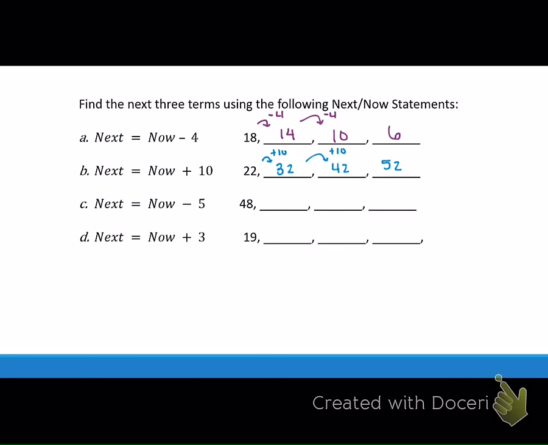Next equals the current term you're on minus 5. So what would the next term be? 43. Good. And then 38. Good. And then 32. Good. So she took it and subtracted 5 each time. Hannah, go ahead and do the last one there for me. 22, 25, 28. And so she just added 3 each time.